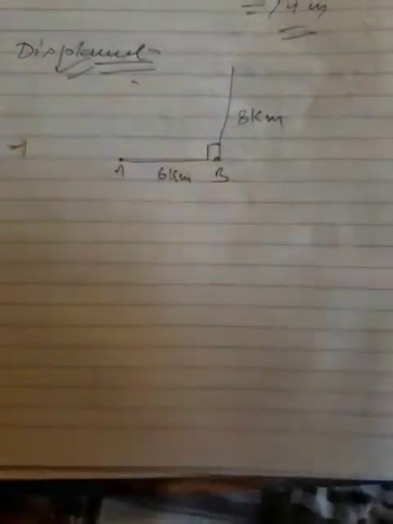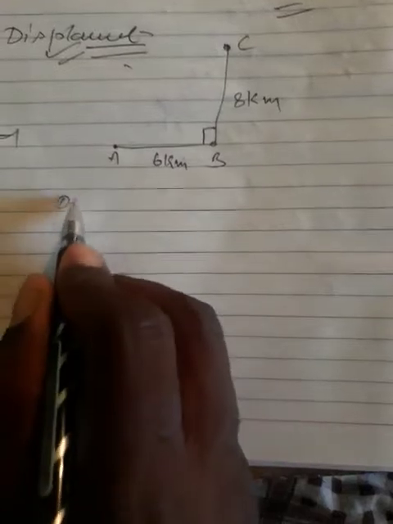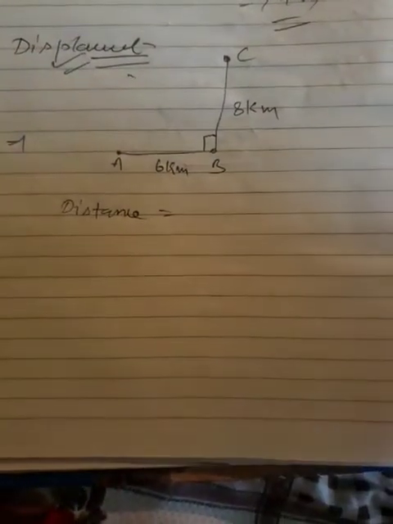Look here, from one example you can understand. Suppose an object moves from point A to B 6 kilometer, then the body moves from B to C 8 kilometer, at right angle, so it reaches point C. In this case we can say that distance is equal to actual path length.